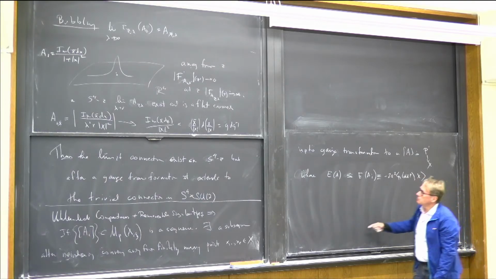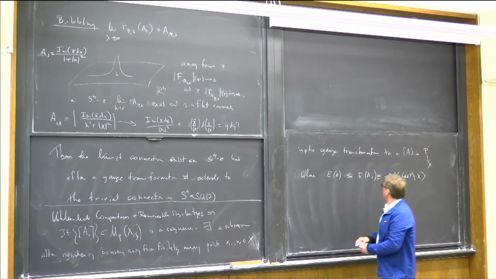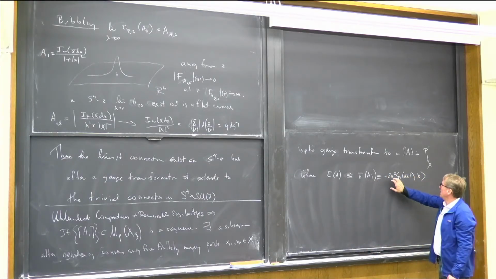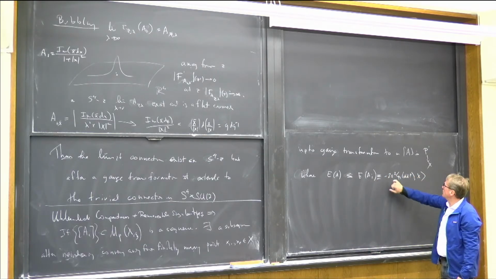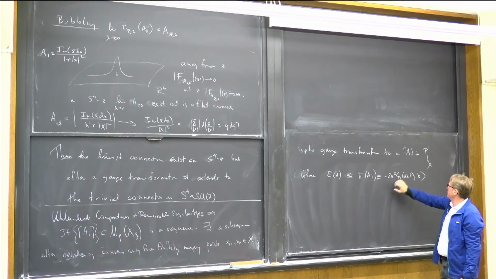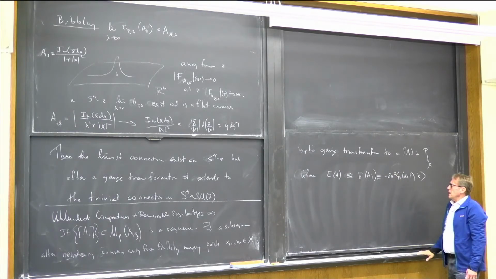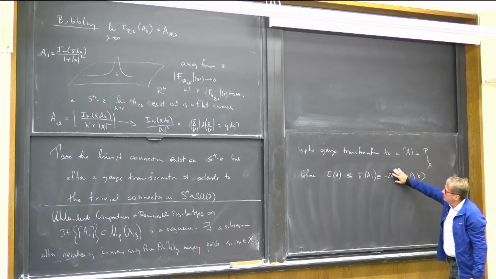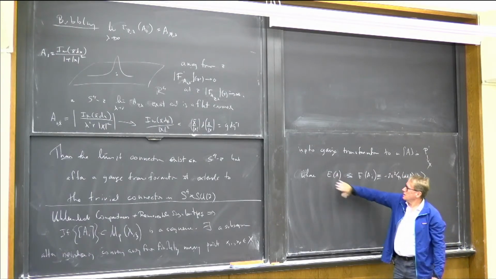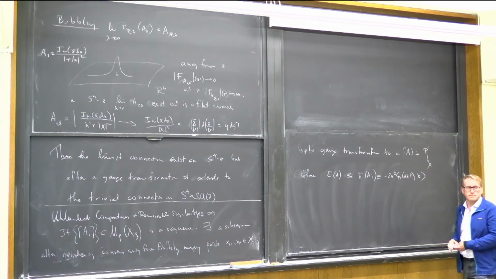So what happened on the force sphere here is that we had something where the energy was a pi squared on the force sphere, and it's converging to something that has 0 energy.